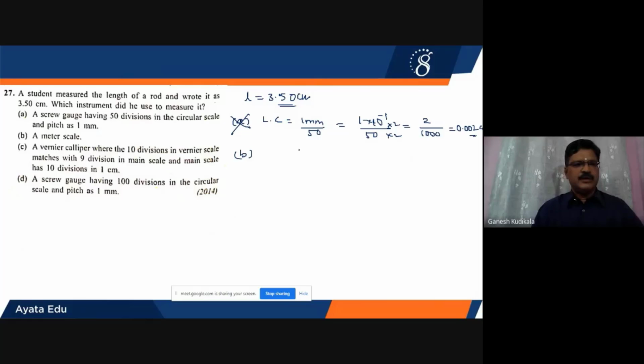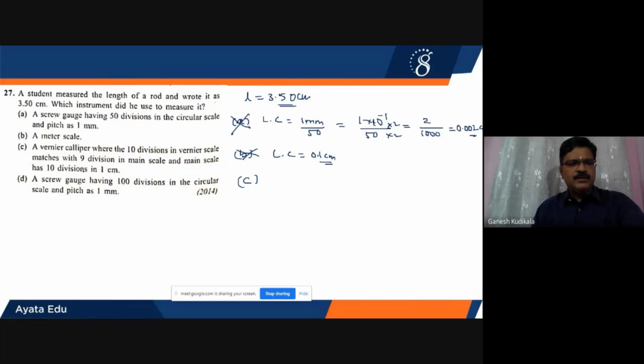Second option we'll see. Meter scale. Using a meter scale, the least count will be 0.1 centimeters only. That is, up to 1 millimeter he can go, but he's going up to 2 decimals. Therefore, option B is wrong. Vernier calipers, conventional one, containing 10 divisions in the vernier scale and 9 divisions in the main scale.